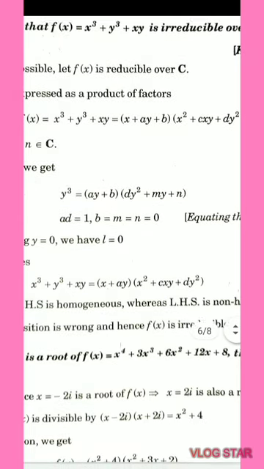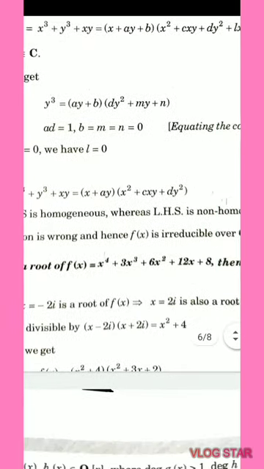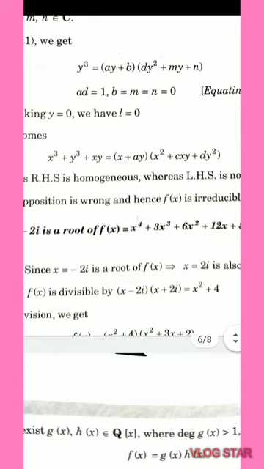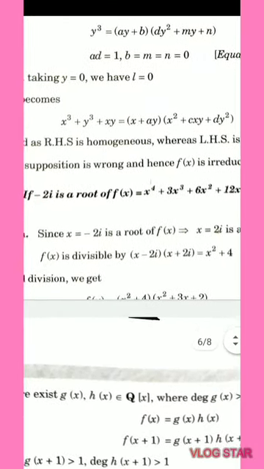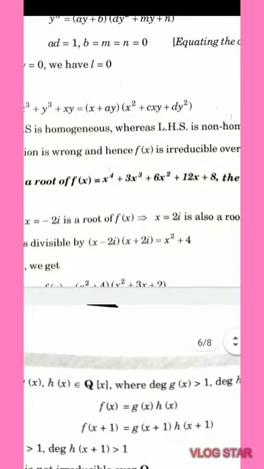Now let's do the next example that says if minus 2 iota is a root of f(x) equal to x4 plus 3x cube plus 6x square plus 12x plus 8, then solve this equation completely.